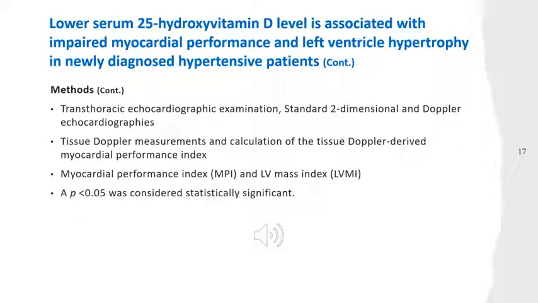Myocardial performance index was defined as the sum of isovolumic contraction and relaxation times divided by the ejection time. Left ventricle mass index was calculated by using the Devereux formula and body surface area. All analyses were conducted using SPSS, and a p-value less than 0.05 was considered statistically significant.